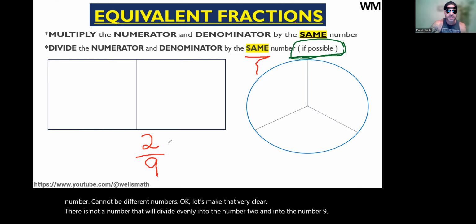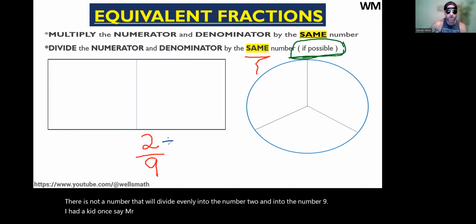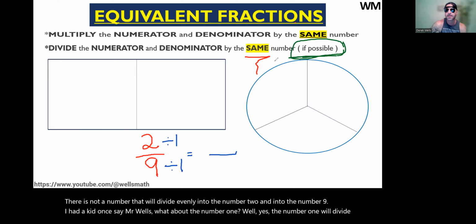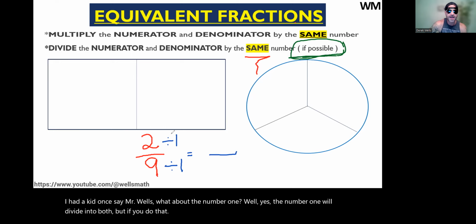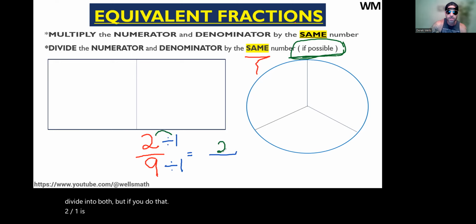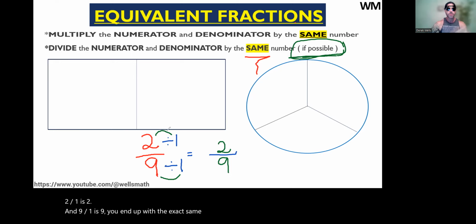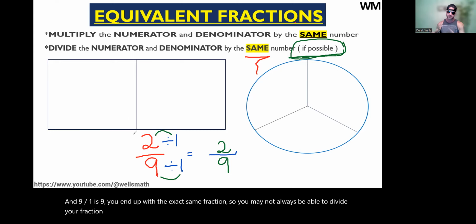I had a kid once say, well, Mr. Wells, what about the number 1? Well, yes, the number 1 will divide into both. But if you do that, 2 divided by 1 is 2, and 9 divided by 1 is 9. You end up with the exact same fraction. So you may not always be able to divide your fraction to get an equivalent fraction.